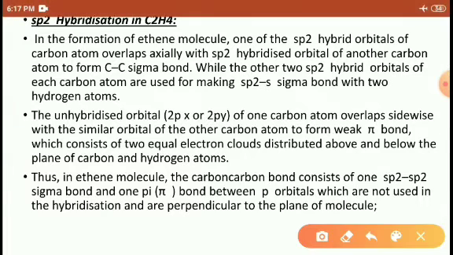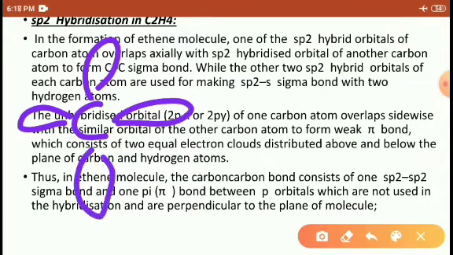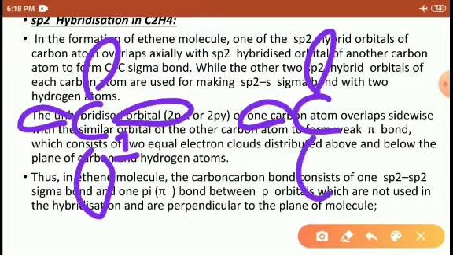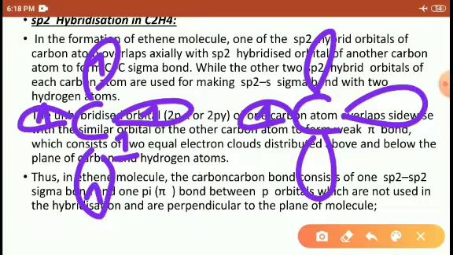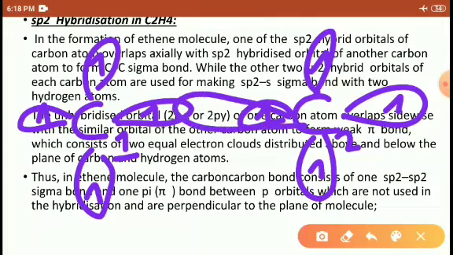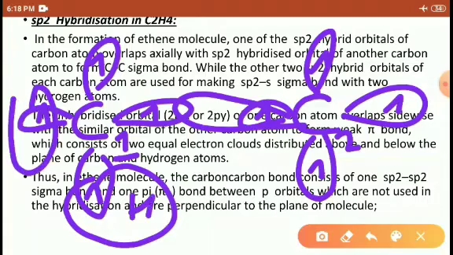So in this case, this is the first carbon, and this is the second carbon. Carbon electrons: 1 2 3 4, 1 2 3 4. The first carbon and second carbon are intermixed with each other, and each is also intermixed with hydrogen.